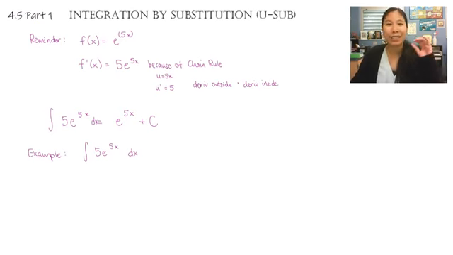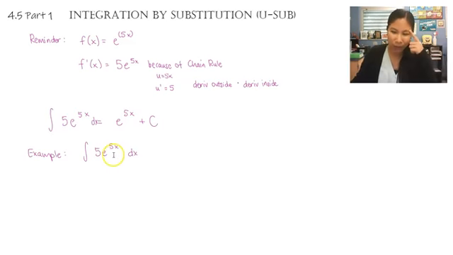So let's pretend we hadn't reminded ourselves of the chain rule just now, and we just saw this problem, integral of 5e to the 5x dx. How would we recognize when I would need to use this thing called USub? Here, we want to recognize that I have something more complicated in the x section, like 5x, which is where I would have used chain rule to begin with.